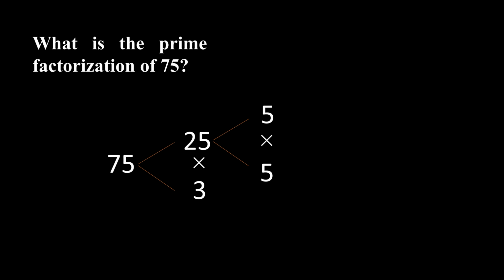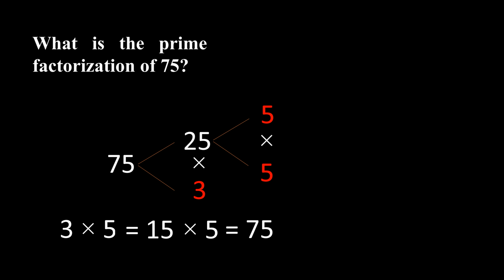Since 5 is a prime number, we can say that these numbers, 3, 5, and 5 are the prime factorization of 75. Let's check. 3 times 5 is equal to 15, and 15 times 5 is equal to 75, which is the number.